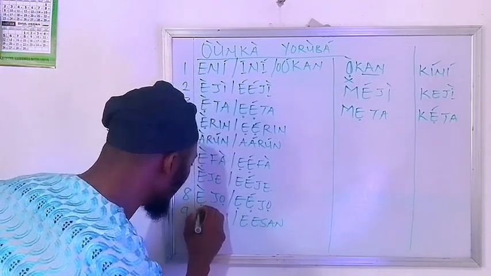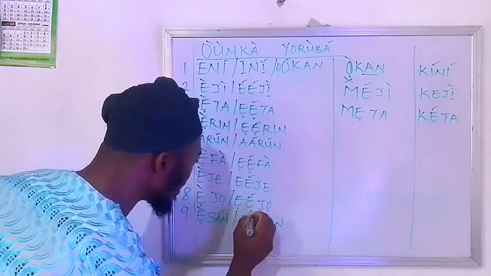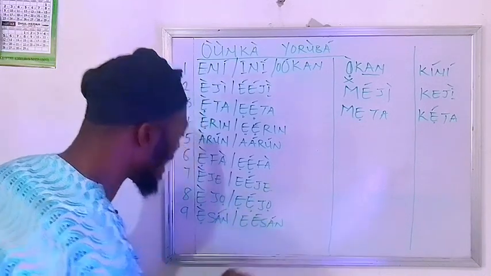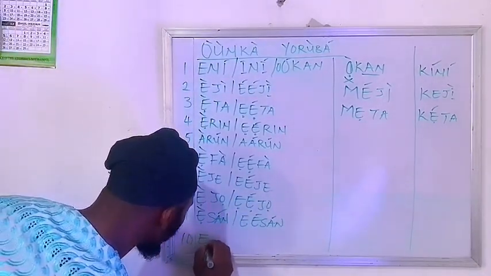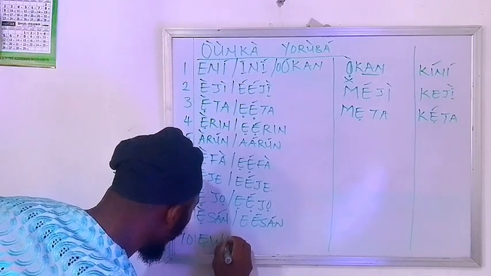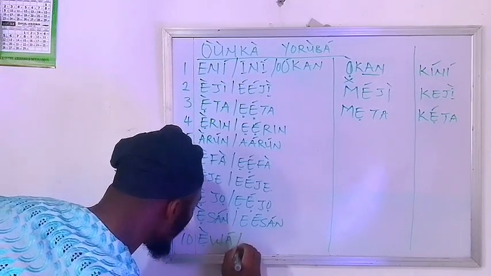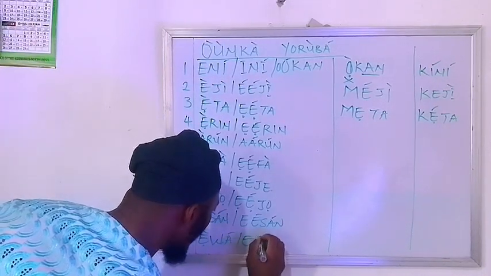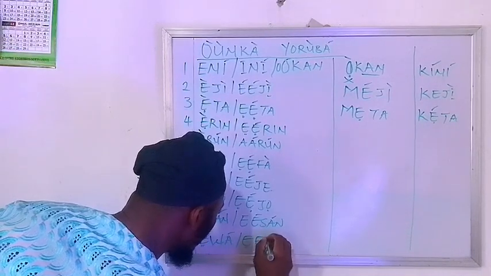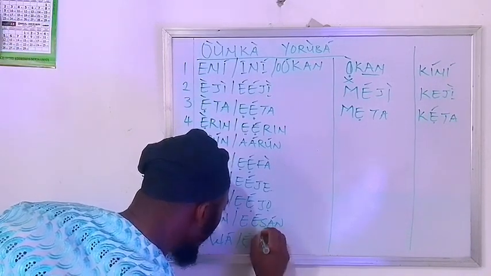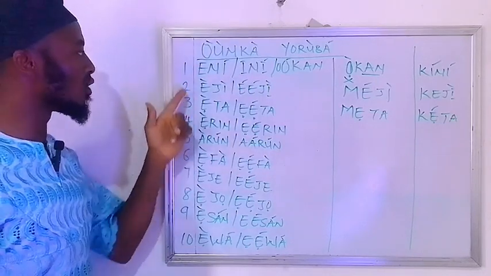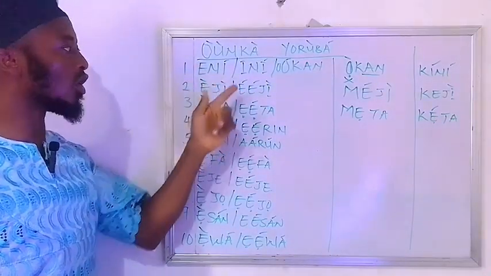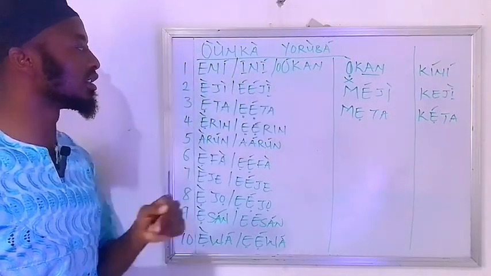Ẹ̀sán is dò, mí, or re, mi, mi, ẹ̀sán. Then 10 is ẹ̀wá, dò, mí, or ẹ̀wá, re, mi, mi.